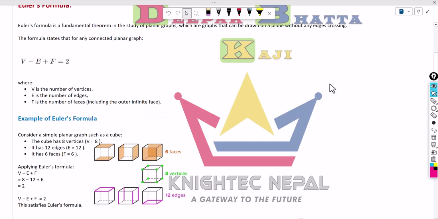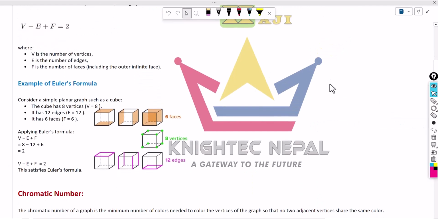Now an example of Euler formula. Consider a simple planar graph such as a cube. The cube has 8 vertices, 12 edges and 6 faces. By applying the Euler formula, V minus E plus F, that is 8 minus 12 plus 6, it is 2.